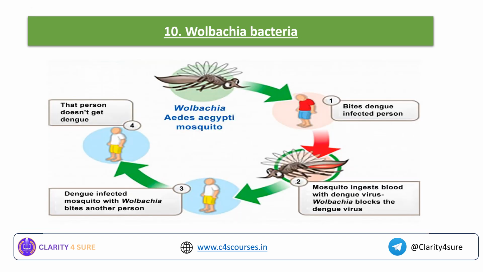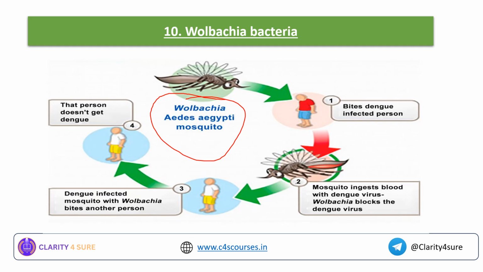Okay, so here is the visual diagrammatic representation of this Wolbachia bacteria. We all know the target is the Aedes aegypti mosquito. When this Aedes aegypti is infected with this Wolbachia bacteria, it may bite a dengue infected person, for example. But we know that this Wolbachia bacteria will block the dengue virus from transmitting from the mosquito to humans.